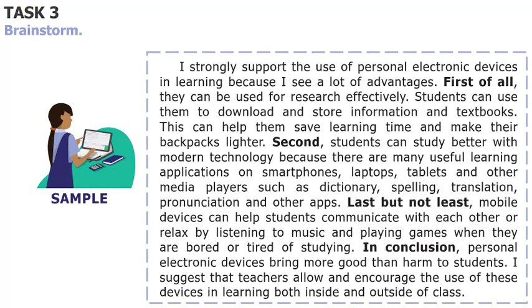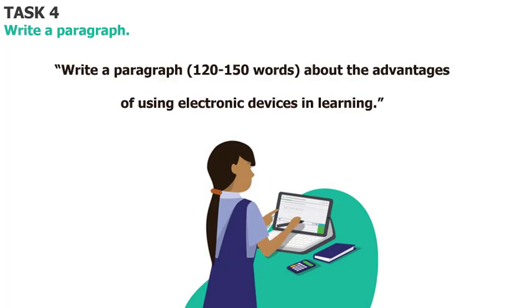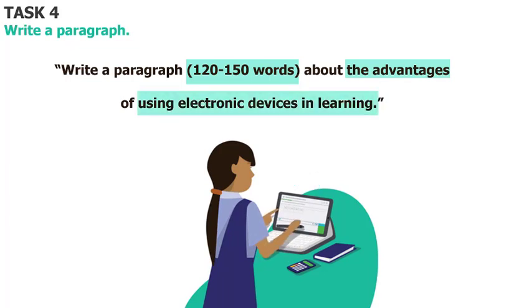After brainstorming the ideas and making the outline, we move on to task 4. Based on what we have learned above, write a paragraph from 120 to 150 words about the advantages of using electronic devices in learning. Remember, the length of the paragraph is from 120 to 150 words, and the main topic is the advantages of using electronic devices in learning.